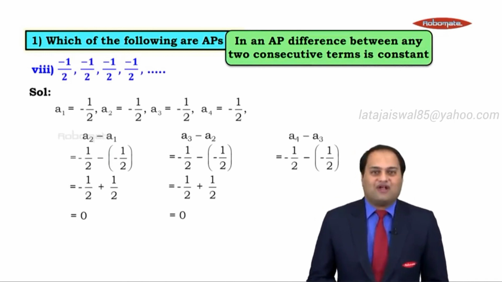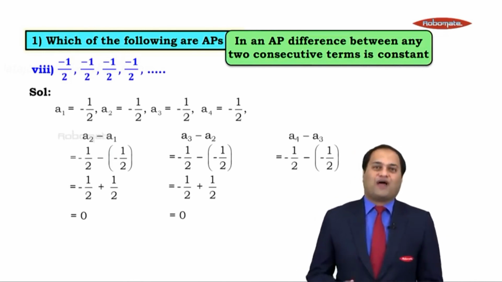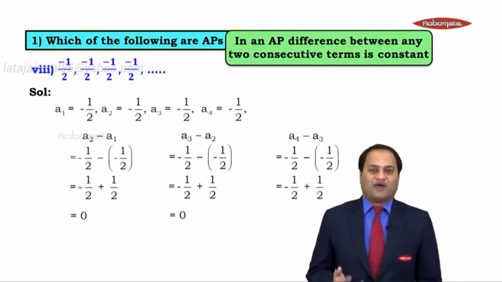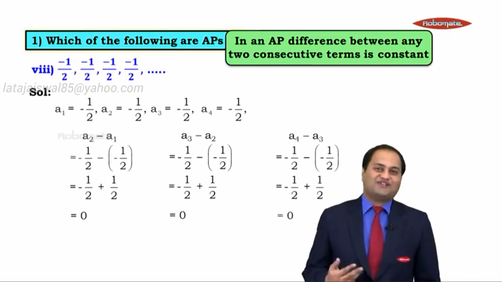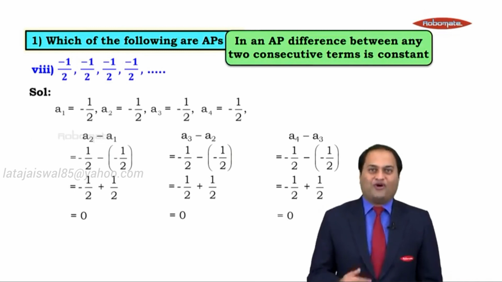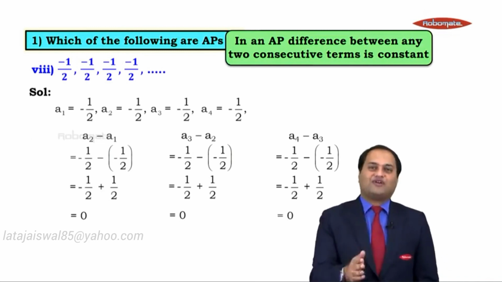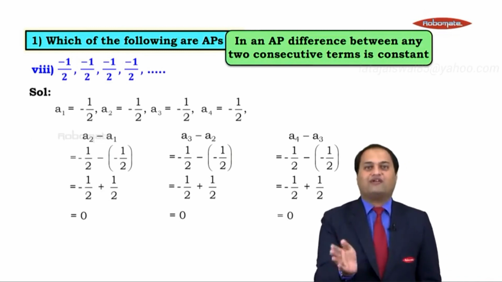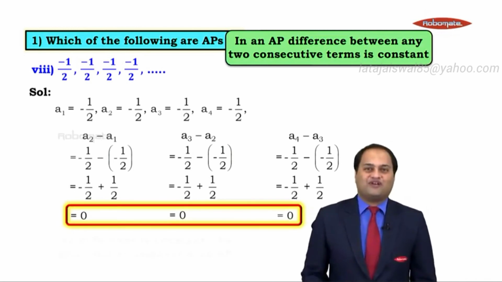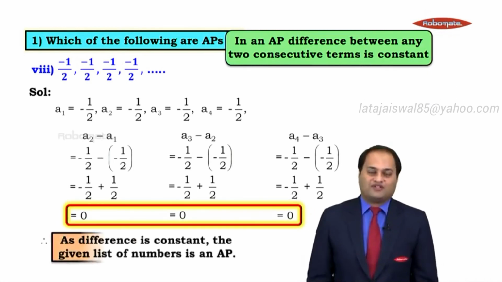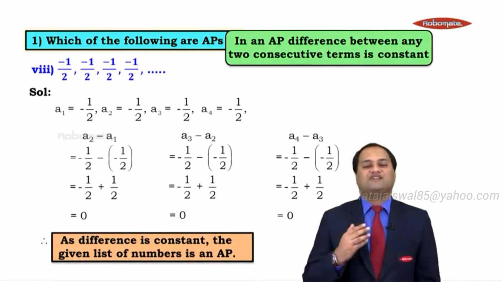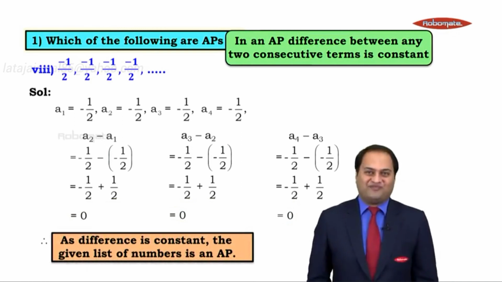A4 minus A3 will again be minus 1 upon 2 plus 1 upon 2, which is equal to 0. Now because all the terms were the same, the difference is definitely going to be the same and it will be 0. And because the difference is the same, the given list of numbers is definitely an AP, right?